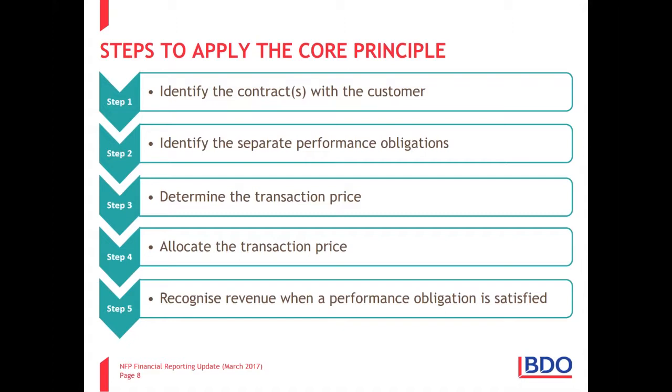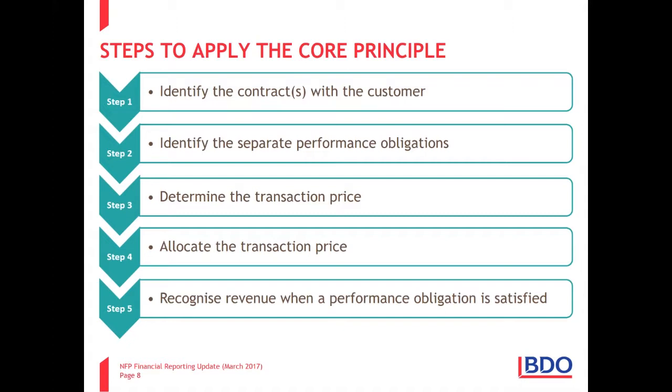Now you can either recognize the revenue at a point in time, and that point in time would be when you transfer the promise or fulfill the promise, or you could recognize your revenue over time, and that's over the time that you are providing the service, as an example, or fulfilling the performance obligation or fulfilling the promise.